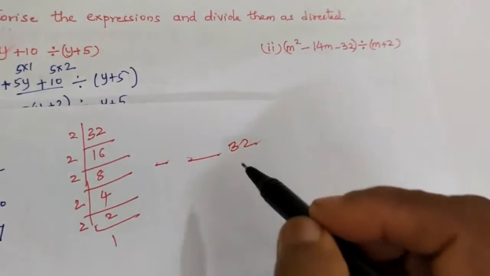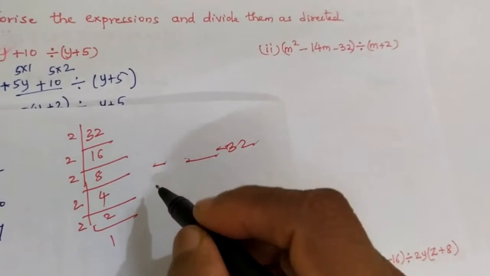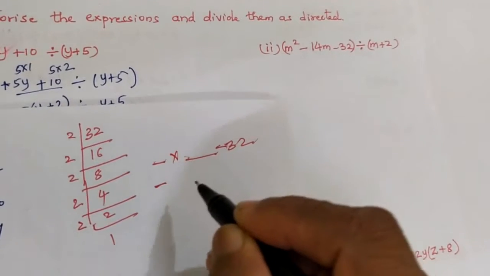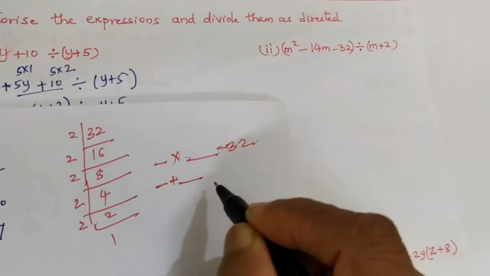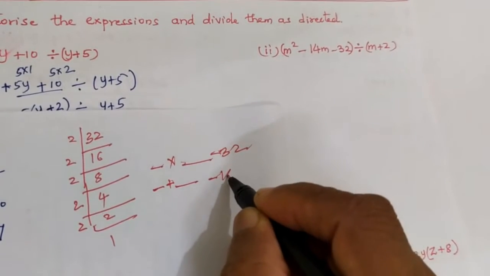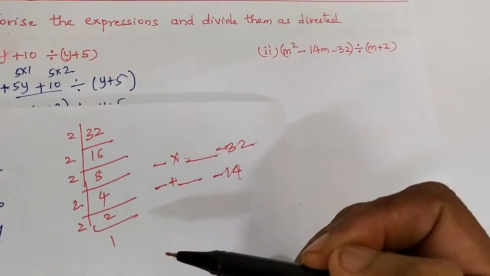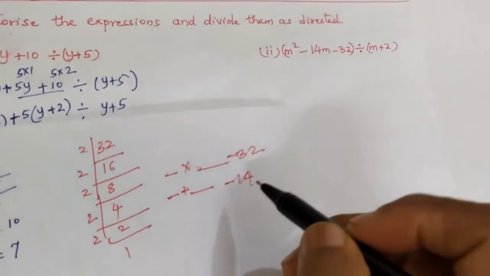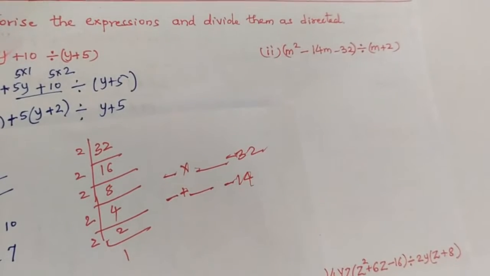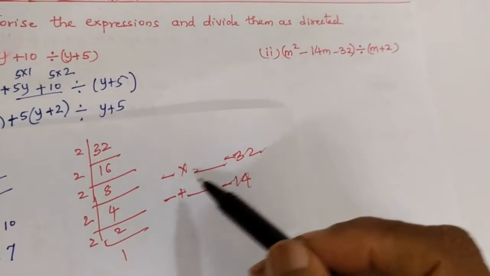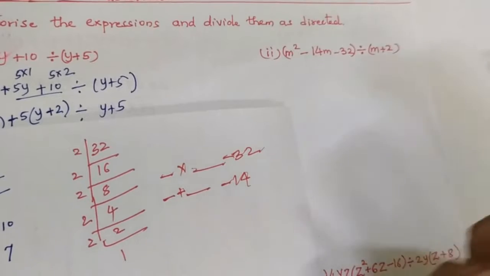At the same time it is minus, and when you add the two numbers, you get minus 14. Let us try. 2 4s are 8, 4 8s are 32. 8 4s are 32, correct, but 8 plus 4 is 12, therefore it is not possible.